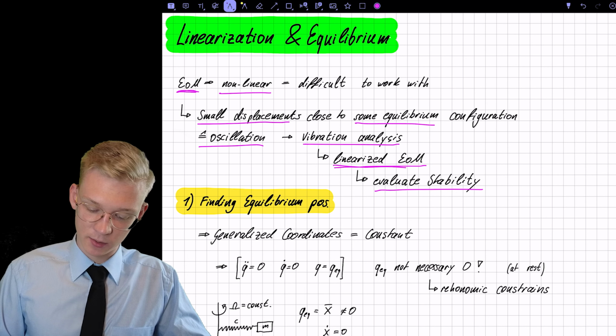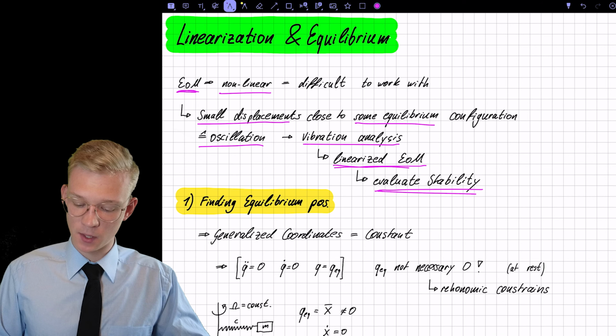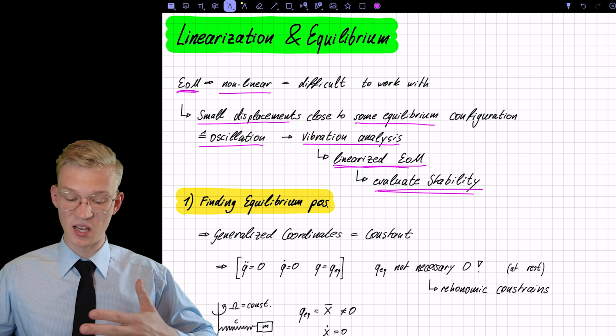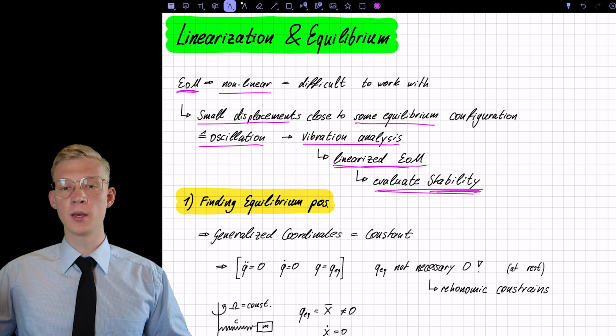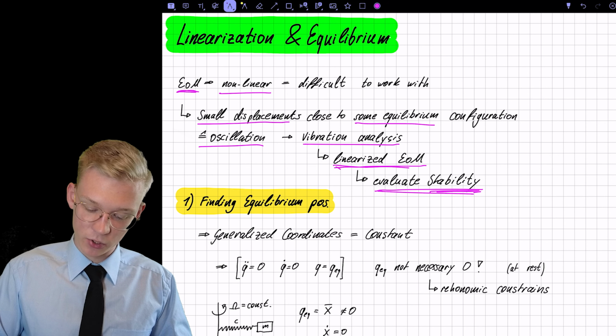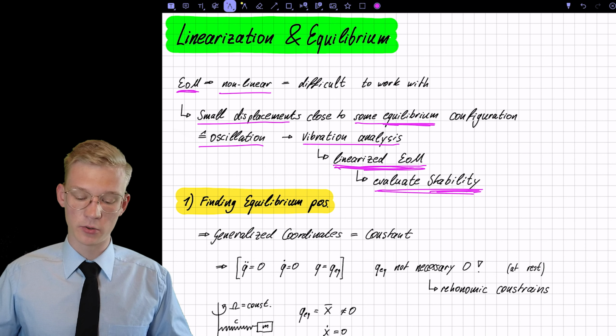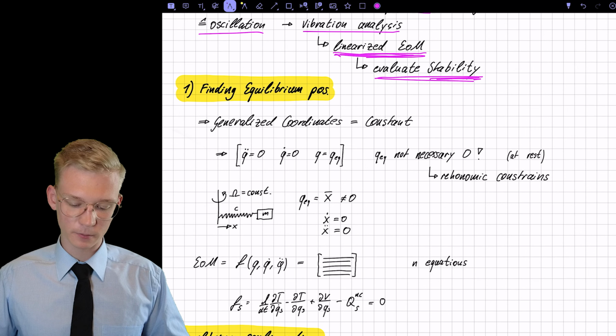So our goal is to get linearized equations and evaluate stability. Is it stable? Is it not? This stability topic will be in the next video. We are now just focused on any equilibrium position and the linearized equations of motion.